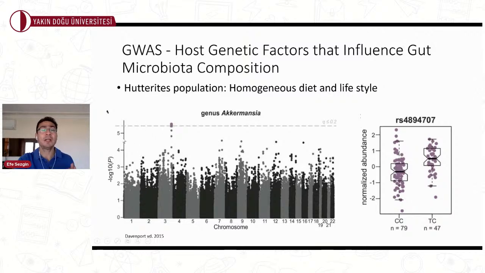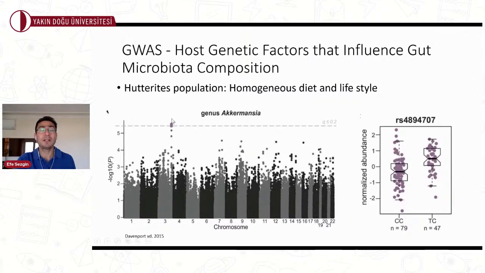For example, here you need at least 10 to the minus 5 or 10 to the minus 6, meaning a 1 in 100,000 or 1 in a million chance of observing this statistical result by chance, so that you accept it as something biologically meaningful.